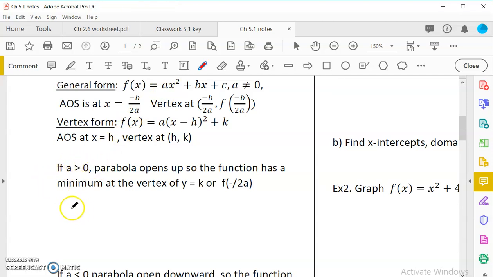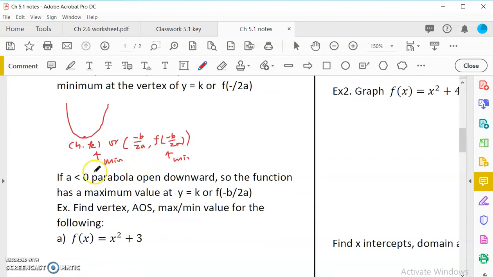So the vertex would be (h, k) in this form, or negative b over 2a, f of negative b over 2a, in the other form. If it opens up, then it has a lowest point of y. So this k is the minimum, or f of negative b over 2a is the minimum because it opens up.